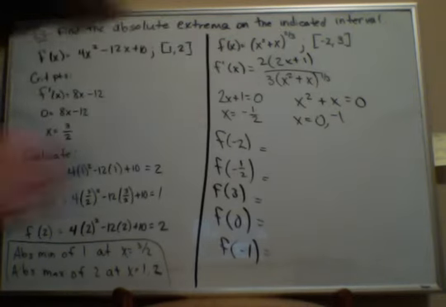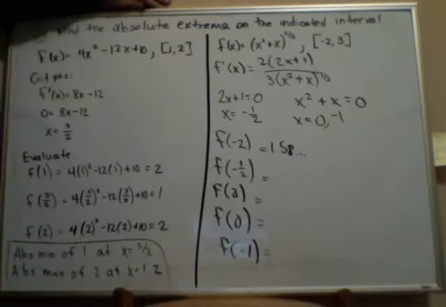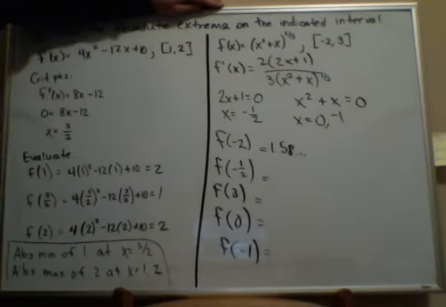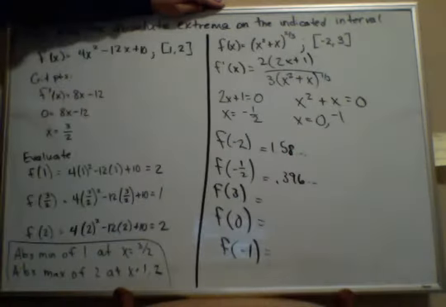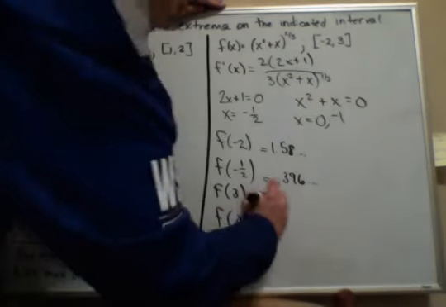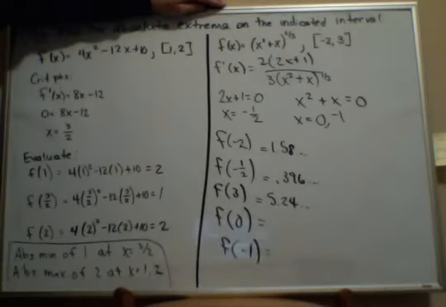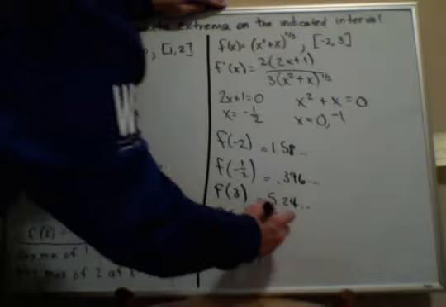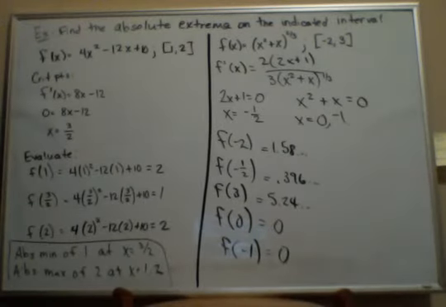And we're going to need to use the calculator here and maybe get a few approximations. 1.58, 0.396, 5.24. This is going to be 0, and this is also going to be 0.